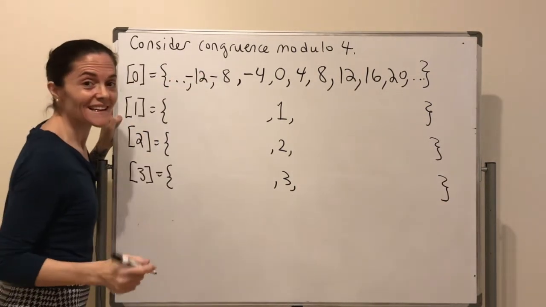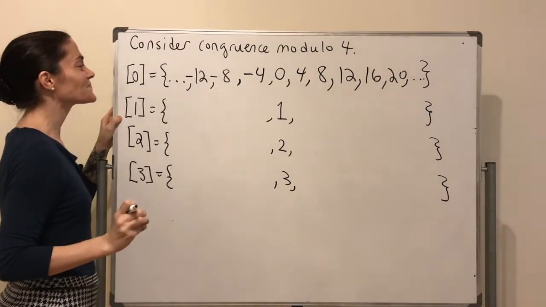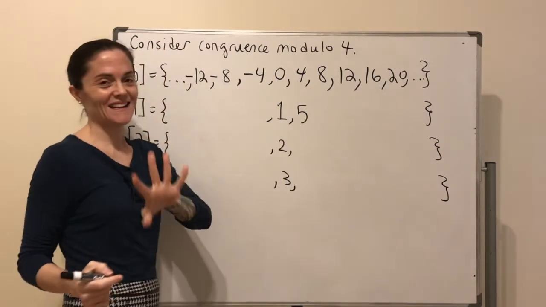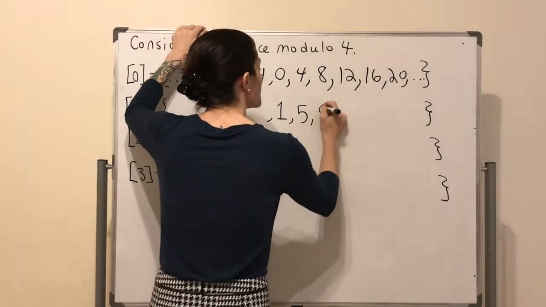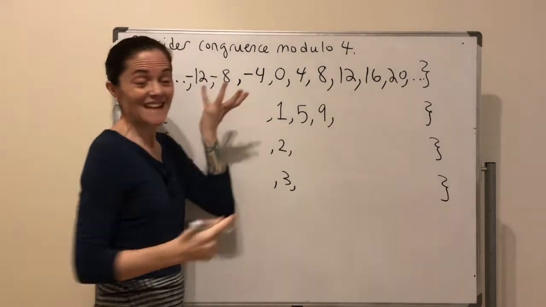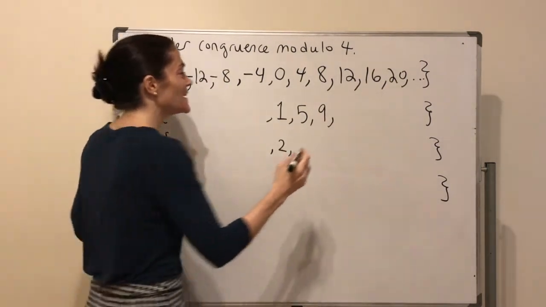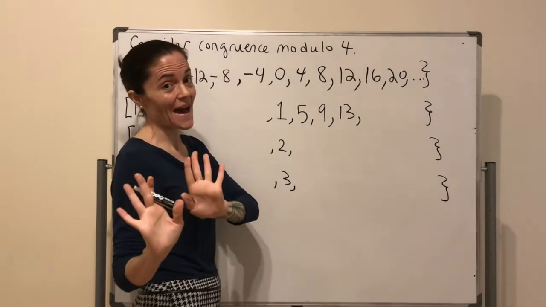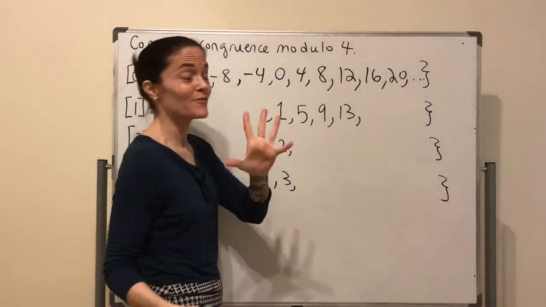Now let's move on. The class of 1. Well, we would have 5, because 5 minus 1 is a multiple of 4. We would have 9. Similarly, because 9 minus 1 is a multiple of 4. And then 13. Hopefully you can see the pattern, we can just march forward by 4.